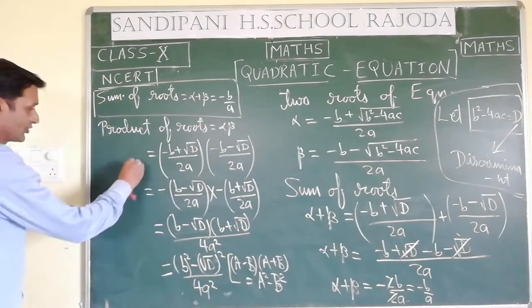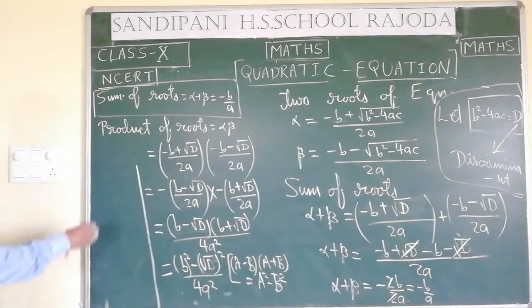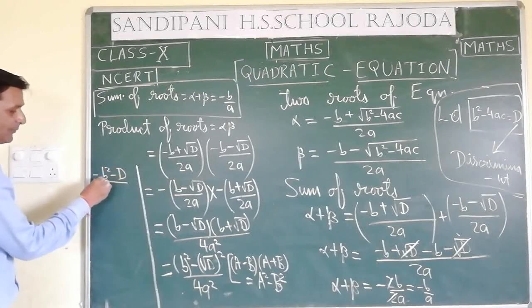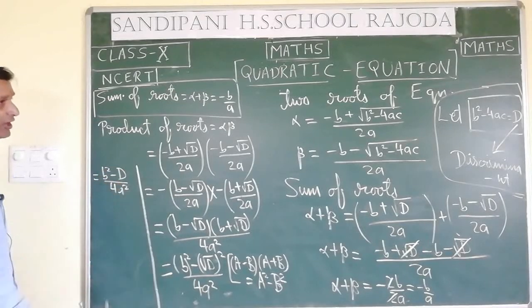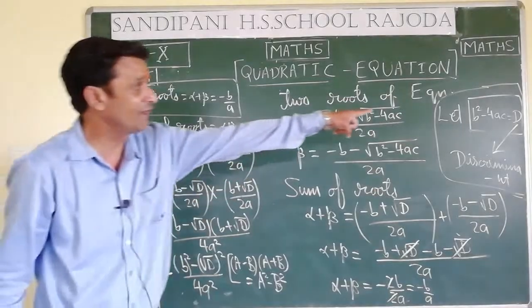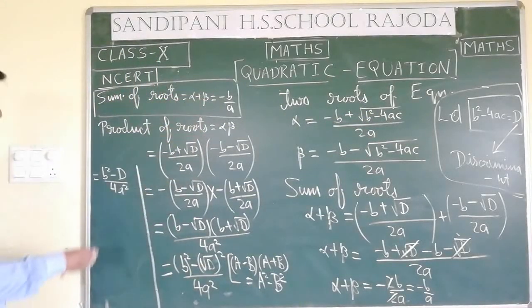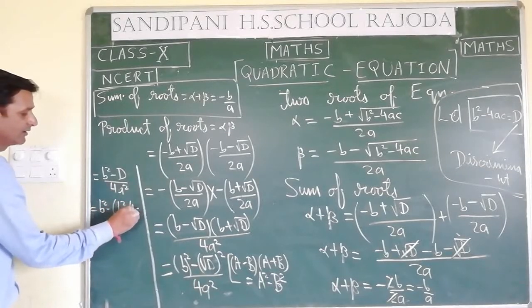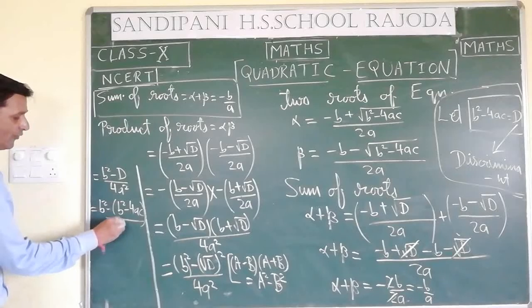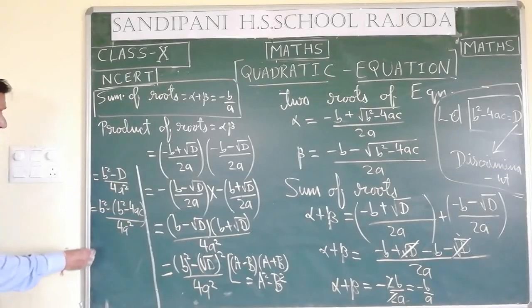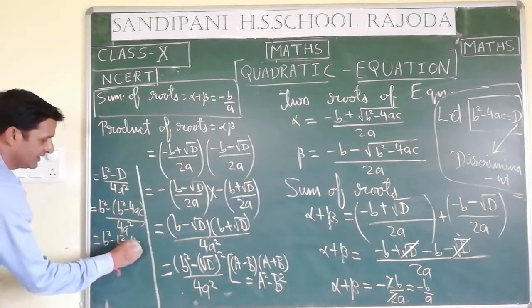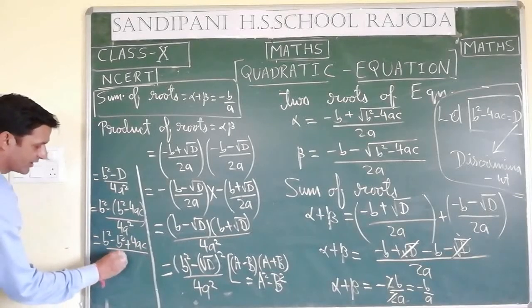So on further solution, we can get b square minus d upon 4a square. Now let us write that value of d, that you know, b square minus 4ac. So it will be equal to b square minus 4ac upon 4a square, that is equal to b square minus b square plus 4ac upon 4a square.